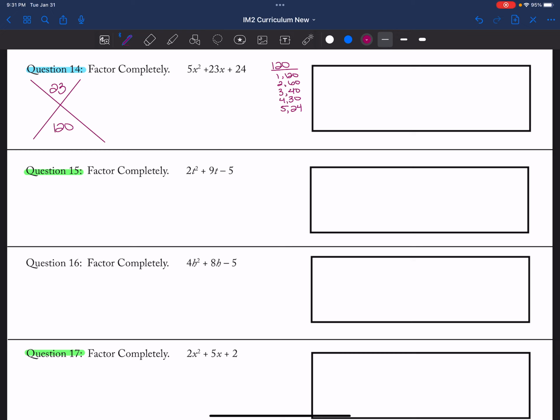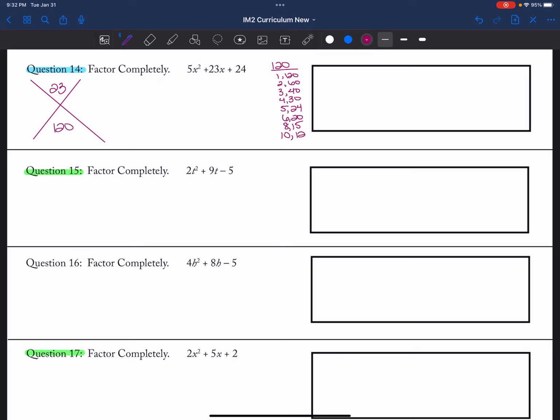Yes. 6 and 20, 8 and 15. 9, no, 9 does not go in, because 9 would be left over with 30, so 9 doesn't work. 10 and 12.